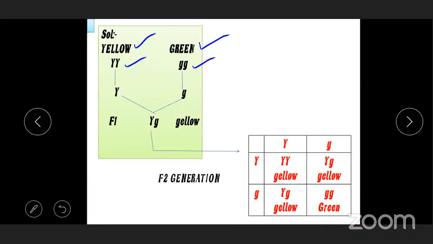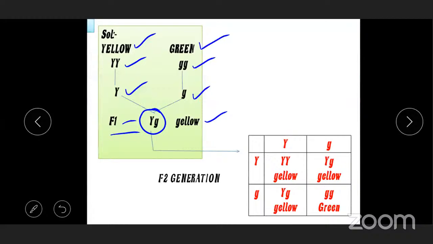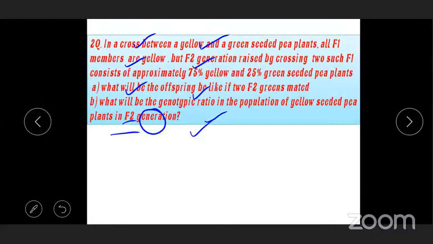The gametes are capital Y from yellow and small y from green. Capital Y crossing with small y, Yy will be generated in the F1 generation. This is yellow. So what he said, all F1 members are yellow, is satisfied.